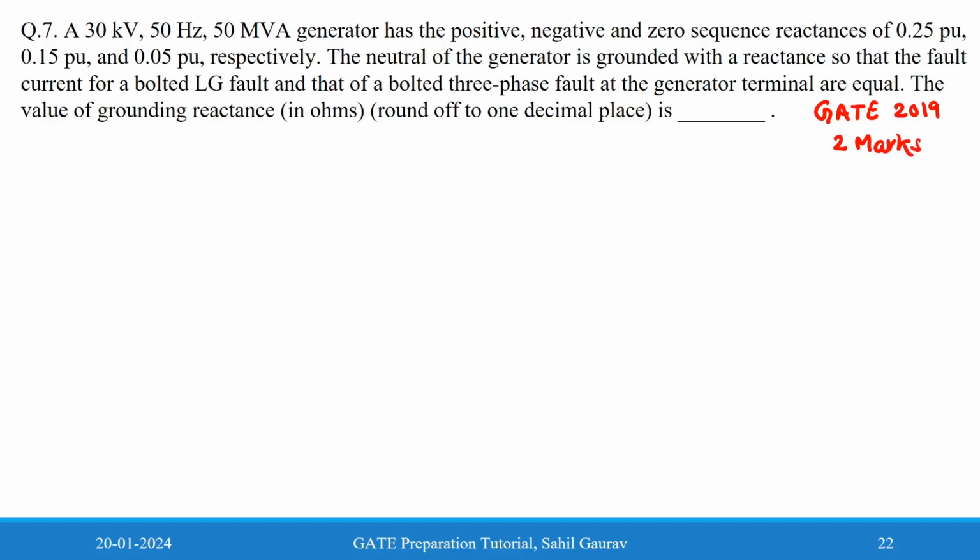A 30 kV, 50 Hz, 50 MVA generator has positive, negative, and zero sequence reactances of 0.25 per unit, 0.15 per unit, and 0.05 per unit respectively.